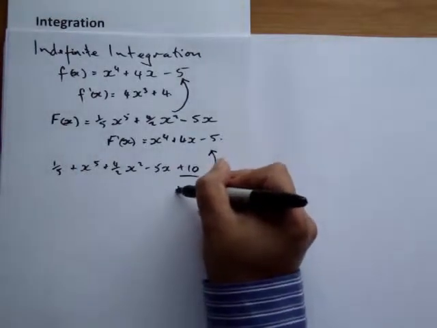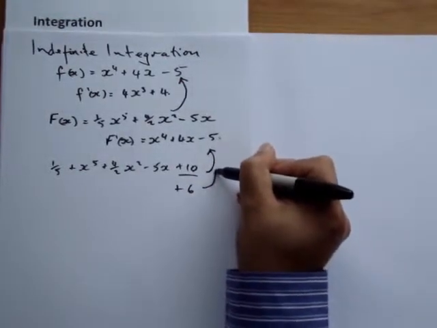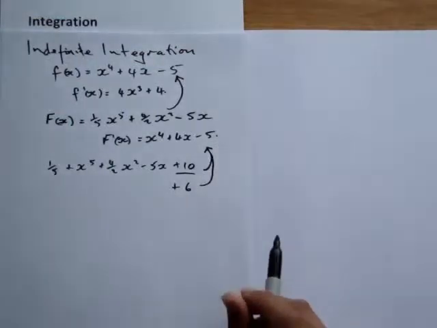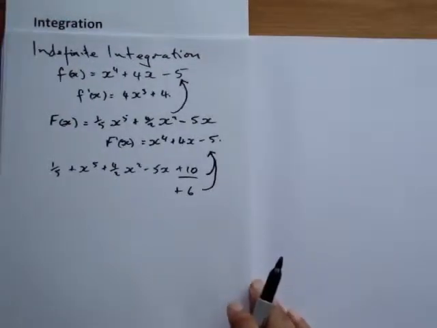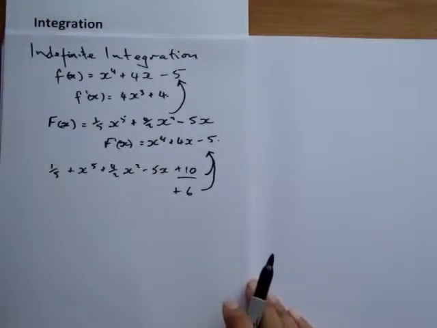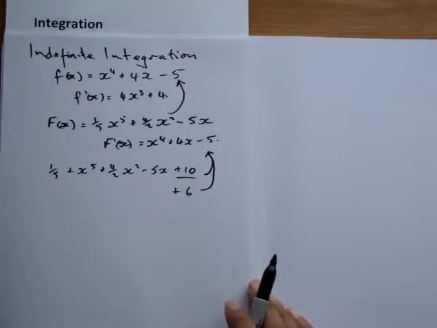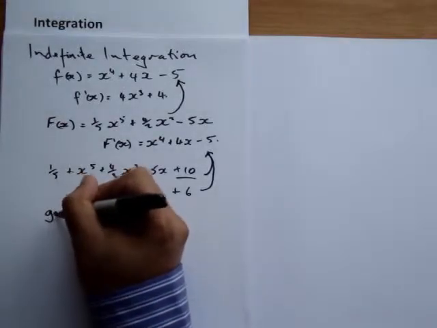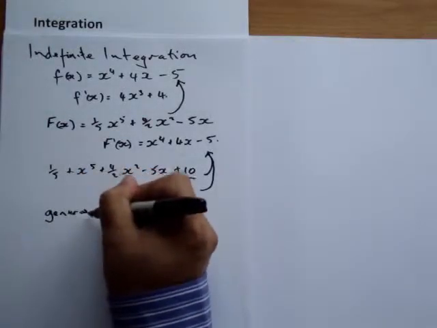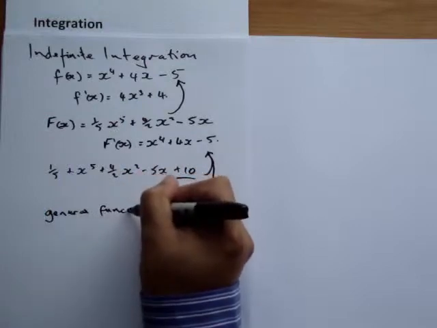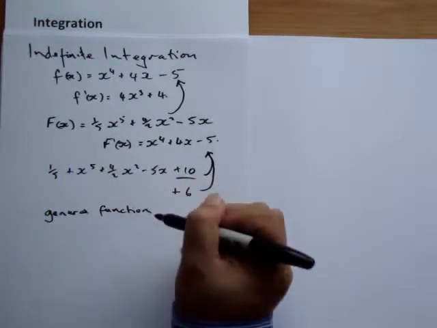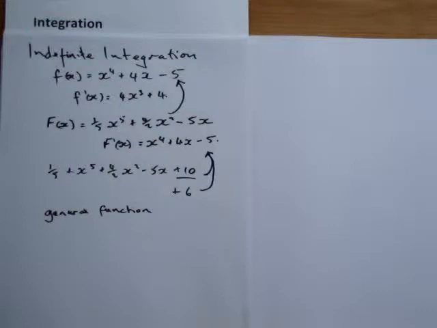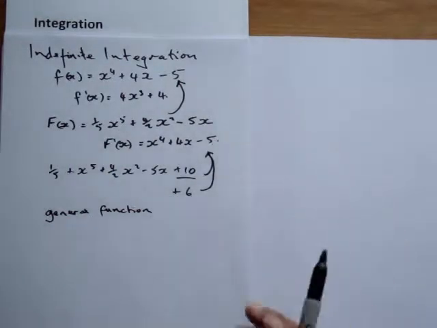Or if we had plus 6, we'd still get this function. So when we anti-differentiate or integrate, what we get is a general function. We need some more information to find out the constant.